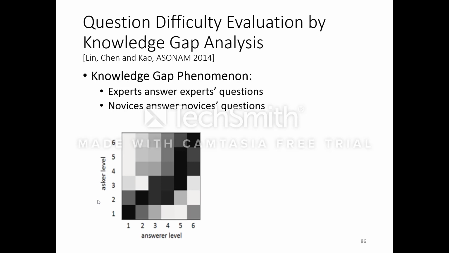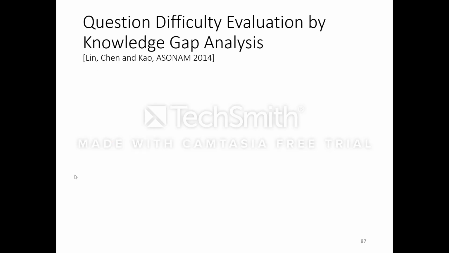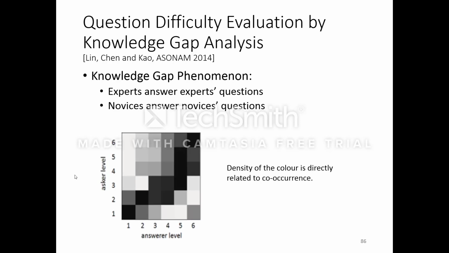Having plotted this, they identified a trend, which is fairly evident here: most of the question answer pairs are in this diagonal region, right? So the density of the color is directly related to co-occurrence, and they identify that most of the QA pairs in the corpus are within this diagonal region.